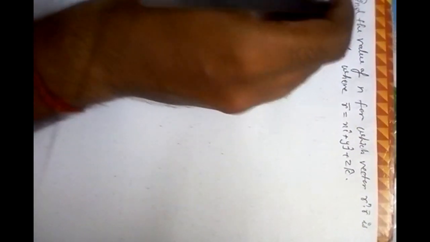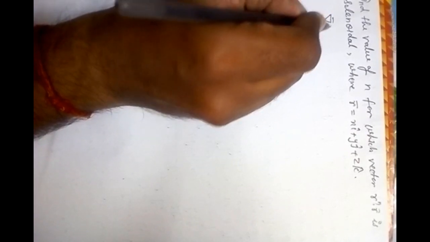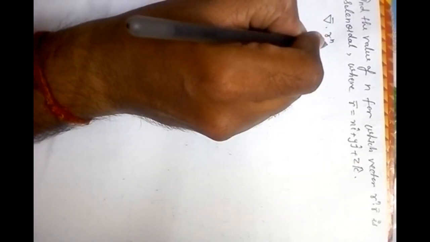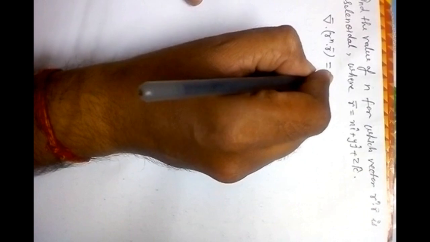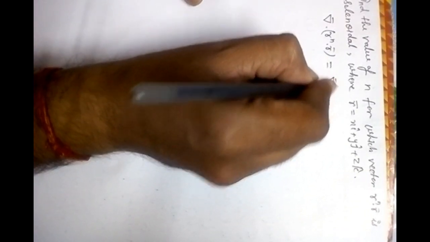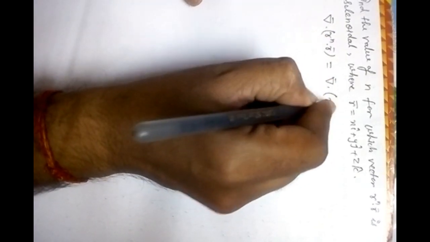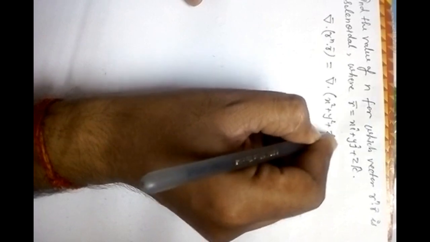So divergence of f. So divergence of rⁿ r vector is equal to divergence of (x² + y² + z²)^(n/2) times the vector r, which means xi + yj + zk.